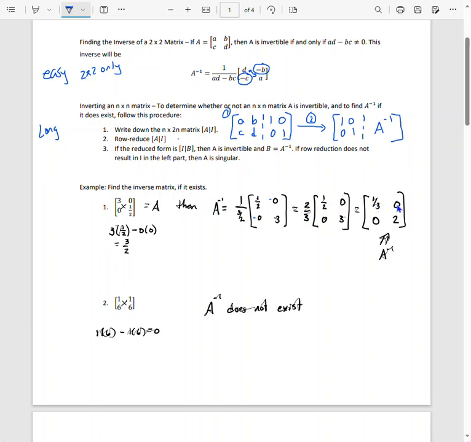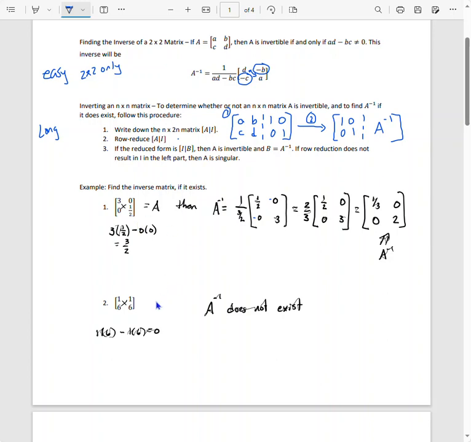This is just scalar multiplication now. That's 0. And 2/3 times 3, 6/3 is 2. So this is our matrix. This is the one we're looking for. This is our inverse. You could check it by multiplying these two matrices together, and you'll get the identity matrix.